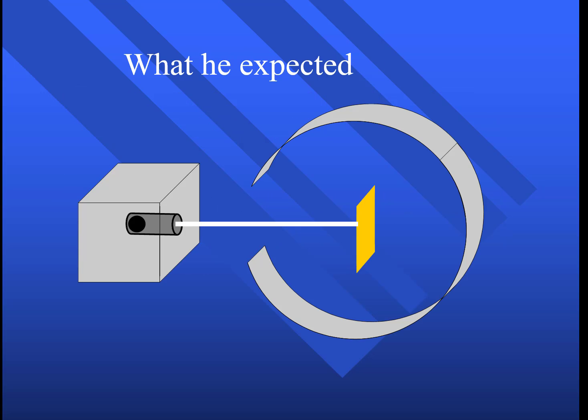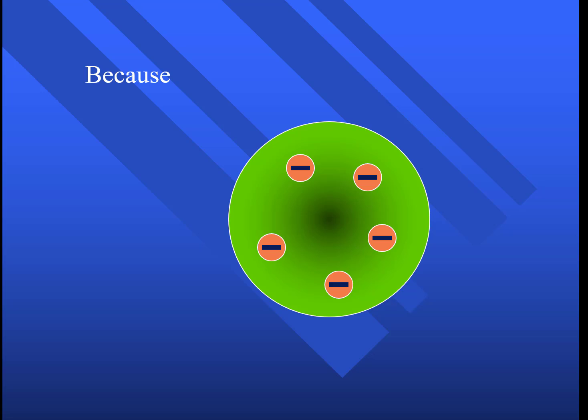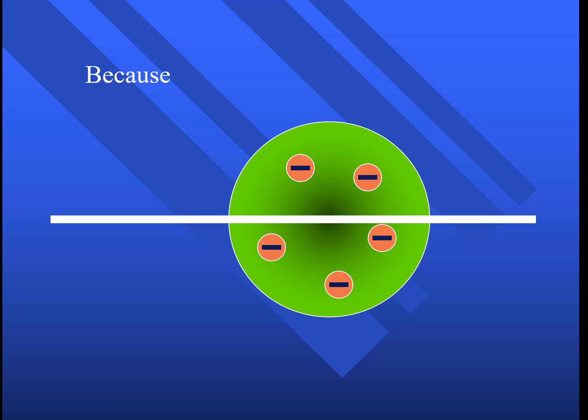So he expected his beam to be about the same. Now, I drew it as a beam. Really, all he'd see is a bunch of dots. He expected just to see a bunch of dots right here. You can't see the beam. Because that positive is spread out, so the positive alpha particle can go straight through it.